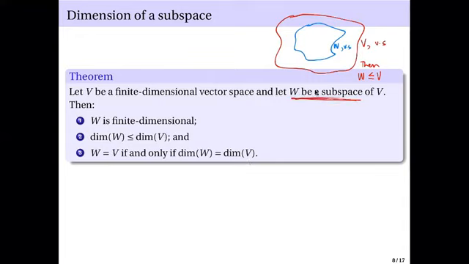If you remove the fact that W is a subspace of V, then this part implying this part may not be true. Meaning, if you get two vector spaces with the same dimension, it doesn't mean they are the same vector space.